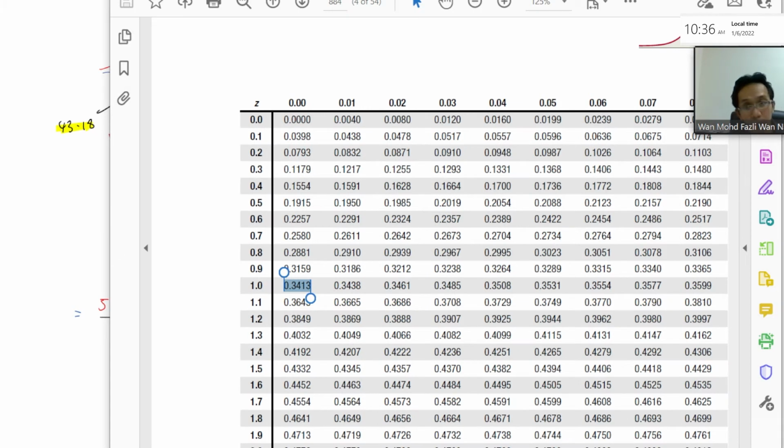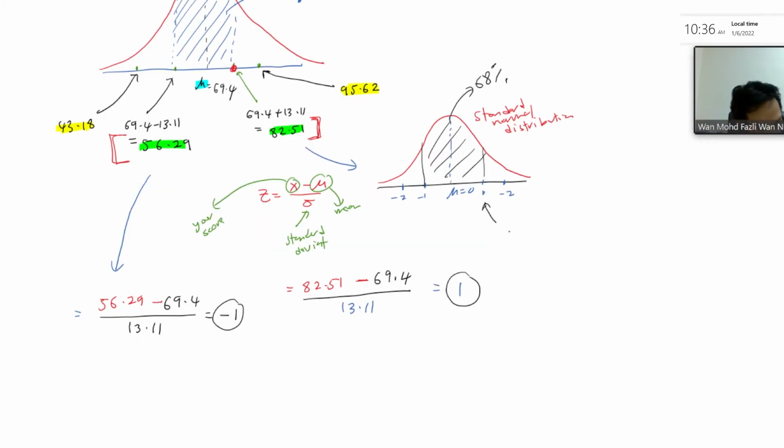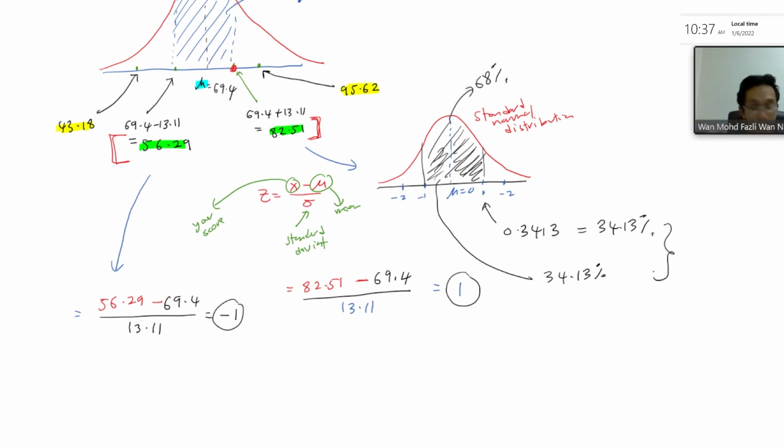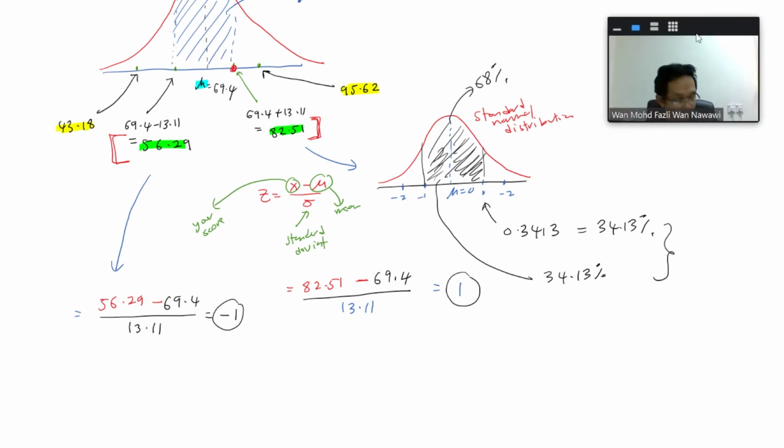Because it's symmetrical, this area is also 34.13%. So you combine together, you get roughly 68%.